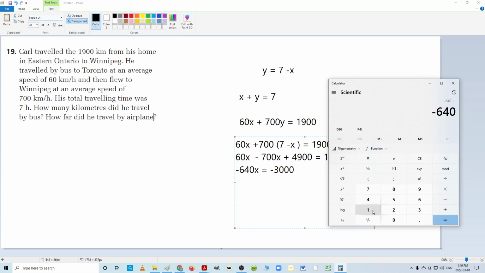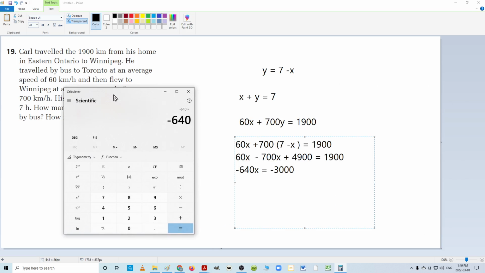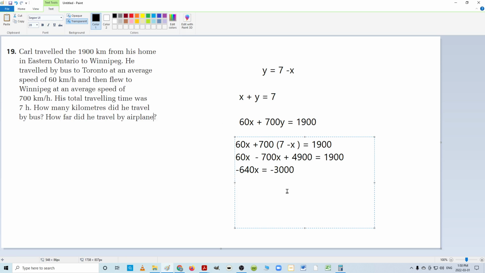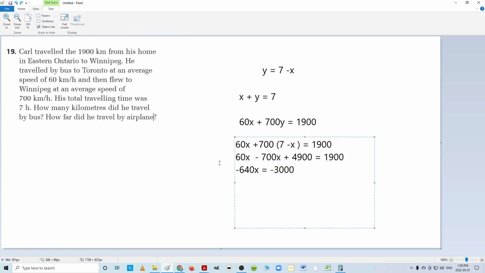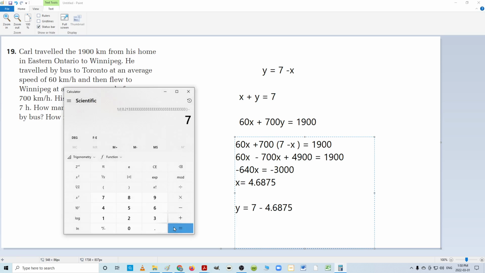Okay. Oh, well, maybe not. So according to this, X is equal to that. Whew. What the hell? Did I just grid that? Yeah, grid lines. X is equal to that, which means Y is equal to 7 minus that, which is equal to this. Don't know if I got that one right.